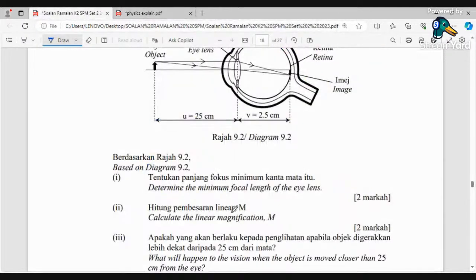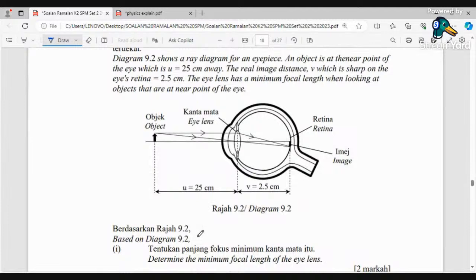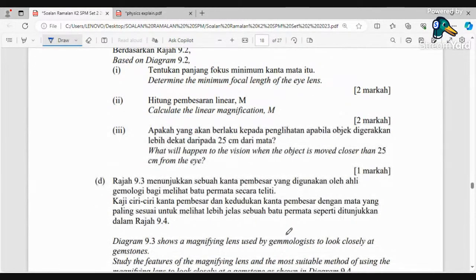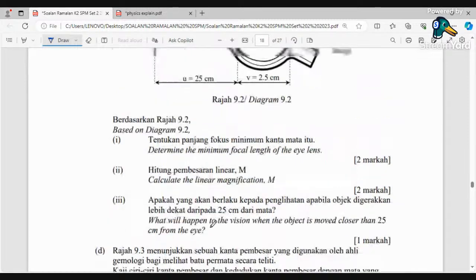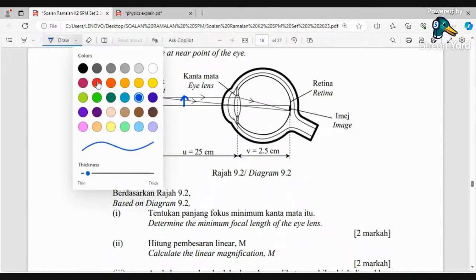The part 3 question: what will happen to the vision when the object moves closer than 25 cm to the eye? The object moves forward, for example. It means the distance is less, you decrease it. If you decrease it, you can draw the ray diagram again, just a sketch.